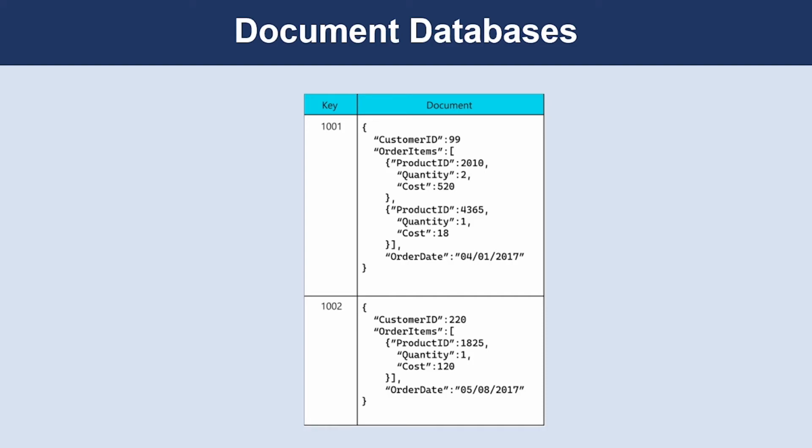The data in the fields of a document can be encoded in a variety of ways, including XML, YAML, JSON, and BSON, or even stored as plain text.